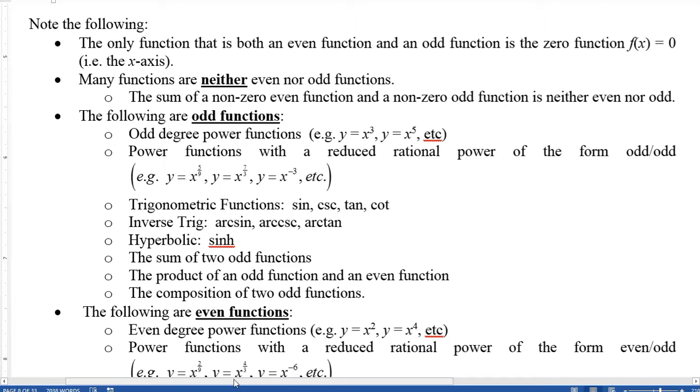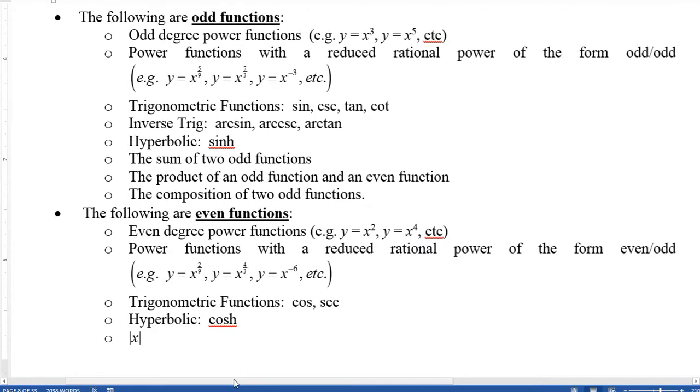If it's a function, of course, it doesn't have x-axis symmetry unless it's the 0 function. So most functions are neither even nor odd. It'd be something special to be an odd function or an even function. And if you add a non-zero even function and a non-zero odd function, you'll get something that's neither even nor odd.